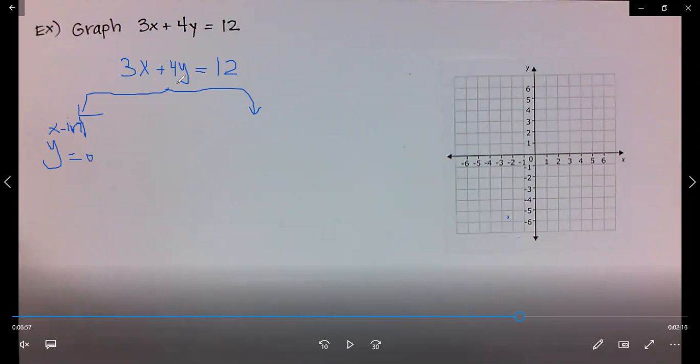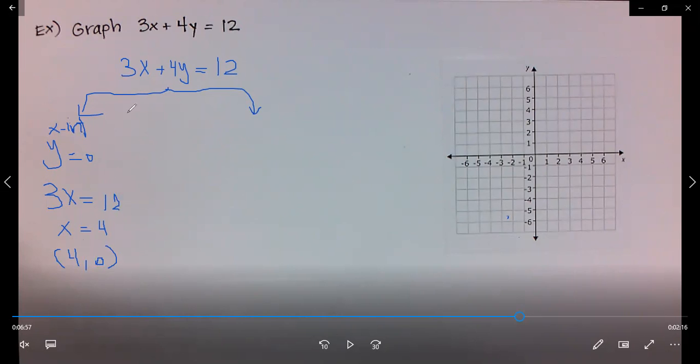Then we will remove y, so 3x equals 12. Divided by 3 on both sides, x equals 4. Then we found the x-intercept, it's 4 and 0.